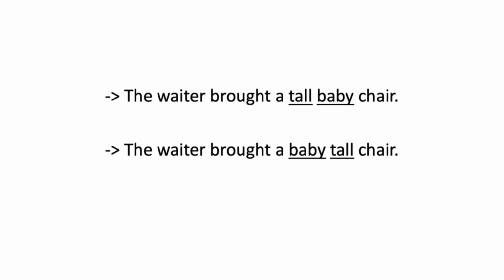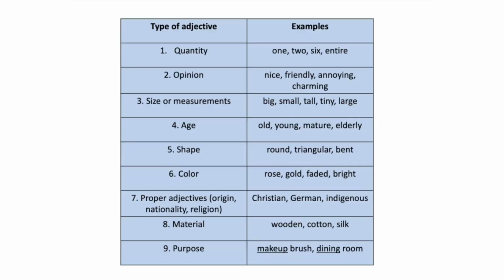Now here is a comprehensive list on how to order cumulative adjectives. Generally, it is best to use 2 or 3 adjectives at most with a single noun in order to not confuse or overwhelm the sentence.